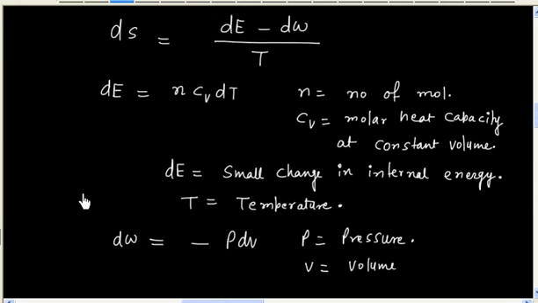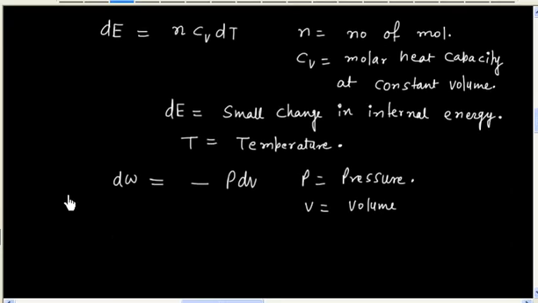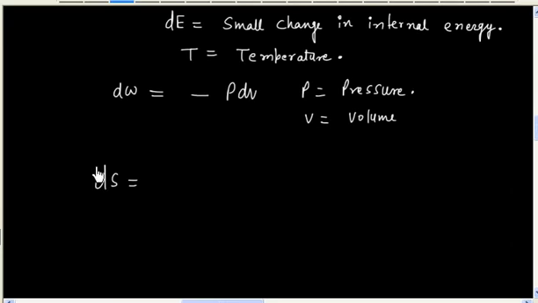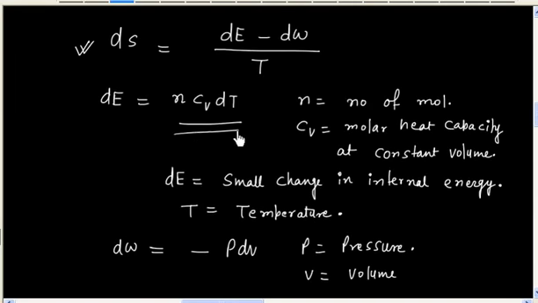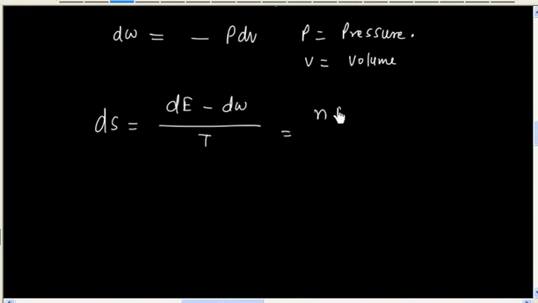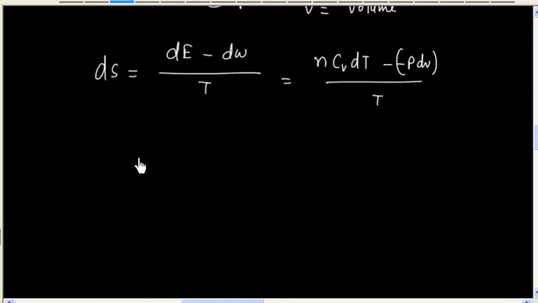So we can write the same expression dS is equal to dE minus dW divided by temperature, and dE is nothing but nCv dT. So we will have nCv dT minus of minus P dV, which becomes nCv dT plus P dV divided by temperature.